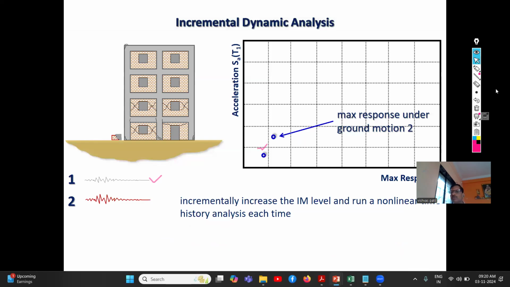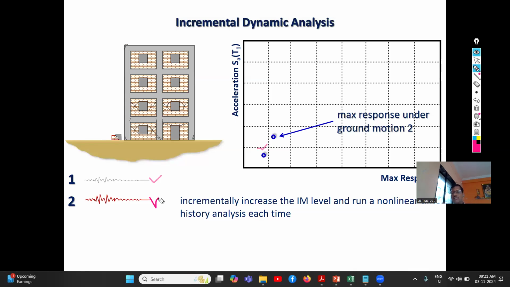So we have increased the intensity. That means what we have increased? Amplitude. Initially it was 10%, now it is 20%. Only the amplitude changes. The other parameters, that is, frequency content and duration, remain unchanged.